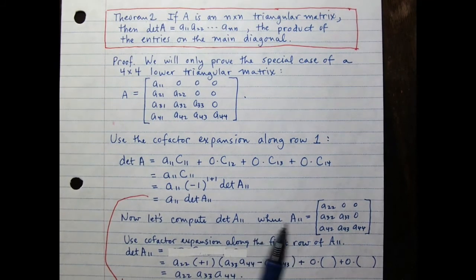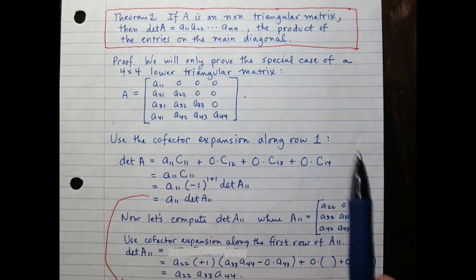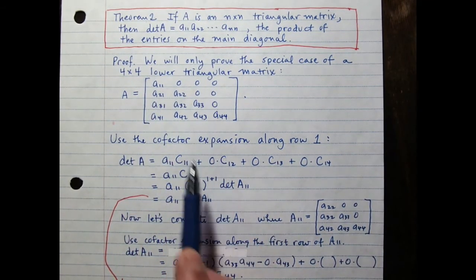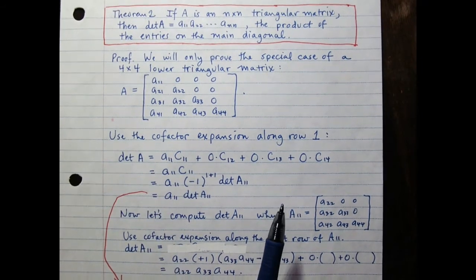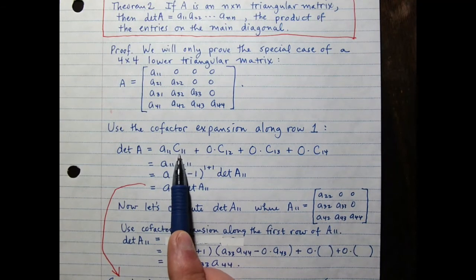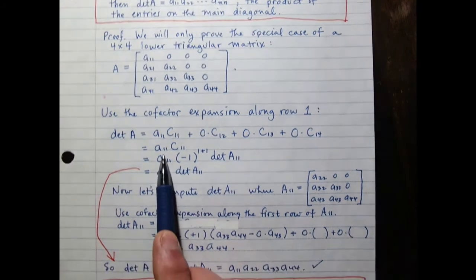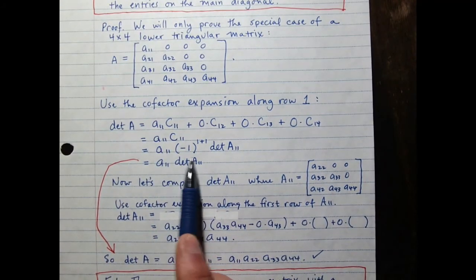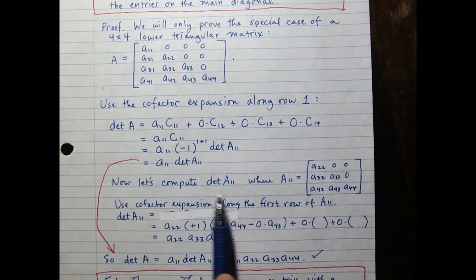It's not too hard to see that if I expand along row 1, I'm going to get A11C11 plus a bunch of zeros. A11C11 is just going to be A11 times the determinant that you get by removing that row and column of A11. And now what's the determinant of that smaller matrix?